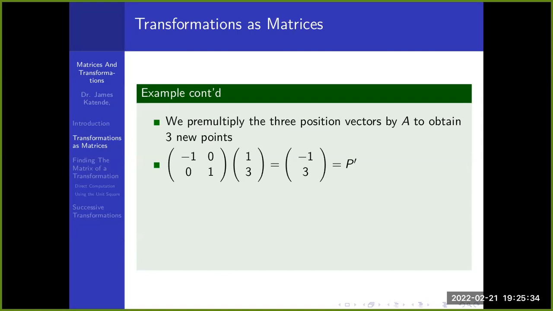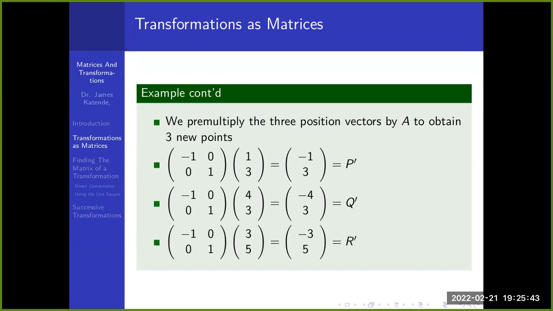So we do that for each of the vectors. The point 1, 3 is sent to the point negative 1, 3. The point 4, 3 is sent to the point negative 4, 3. And the point 3, 5 is sent to the point negative 3, 5.